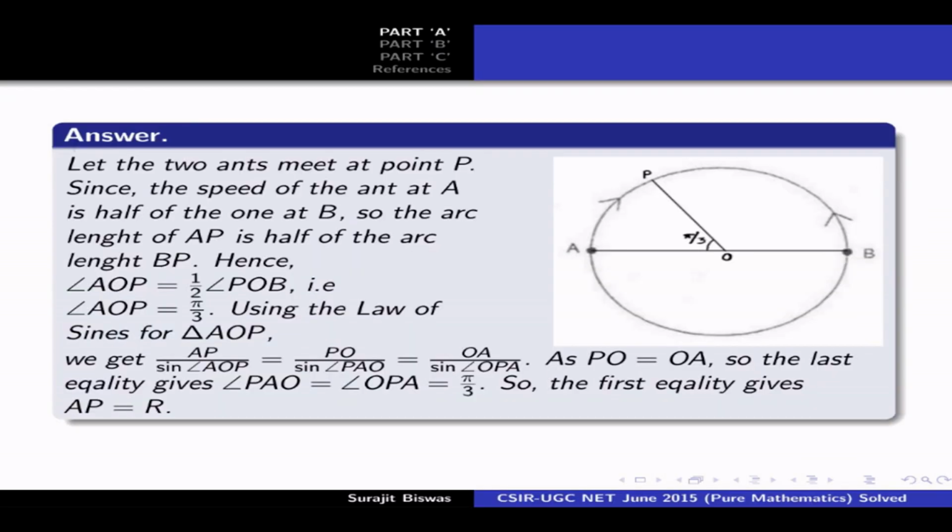So let the 2 ants meet at point P. So let's say this is their meeting point.